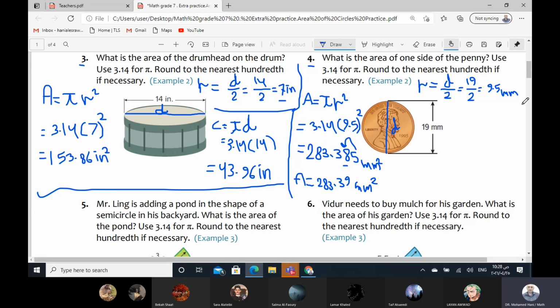And here, if I want to find the circumference, we can use this formula. Here I have D and I have R. So we can use pi times D, or we can use 2 pi R. So the pi here will be 3.14 times 19.